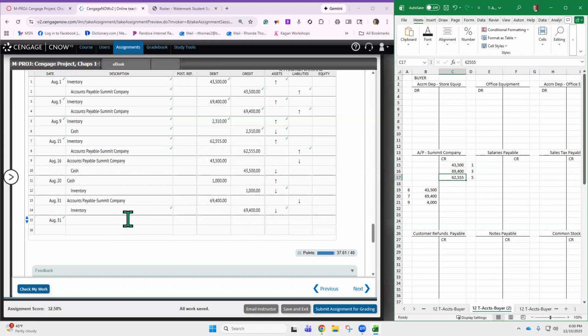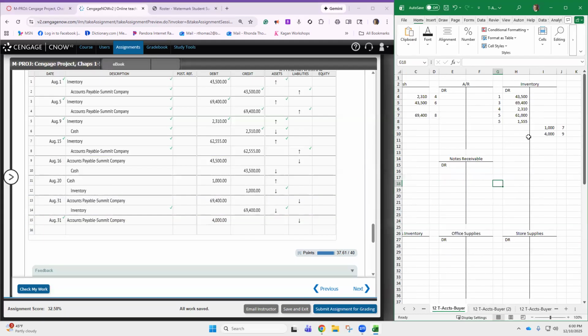We're going to make accounts payable go down because we sent it back, so we don't owe them for that. Okay, so $4,000. And then we're going to make that go down in inventory because that was bought for inventory, but because we're sending it back, it's no longer in the buyer's inventory. So down it goes.